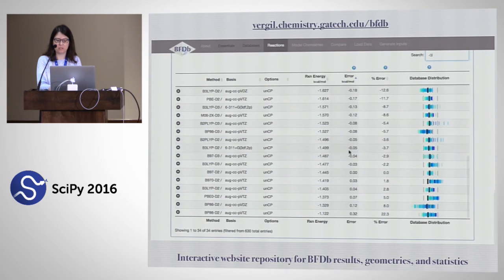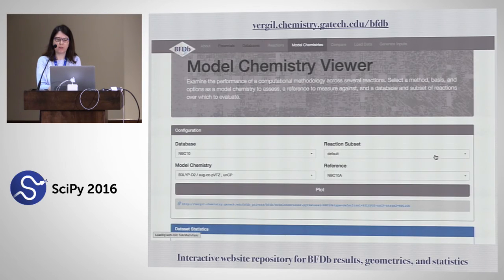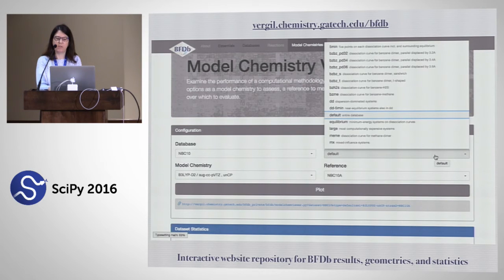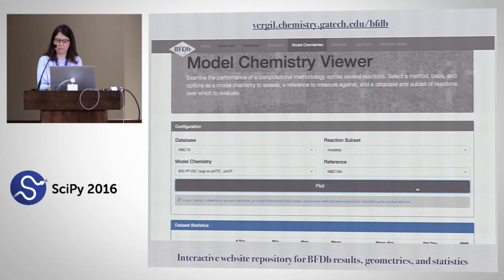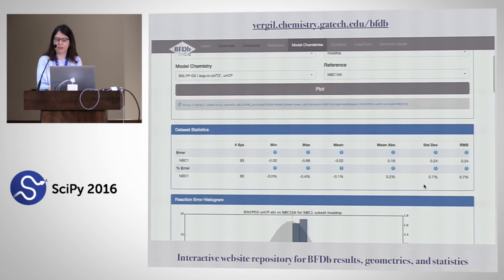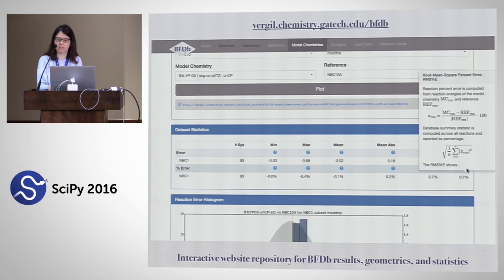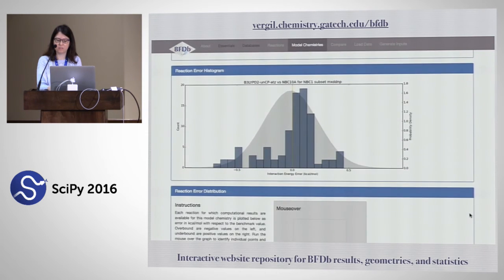And then we'll just choose one through a link to another page where here we look at one particular model chemistry applied to a number of different molecules and get out a number of summary statistics, including their definitions.